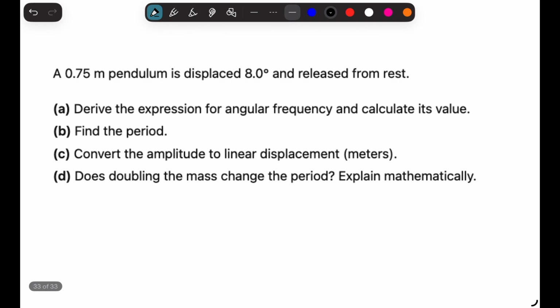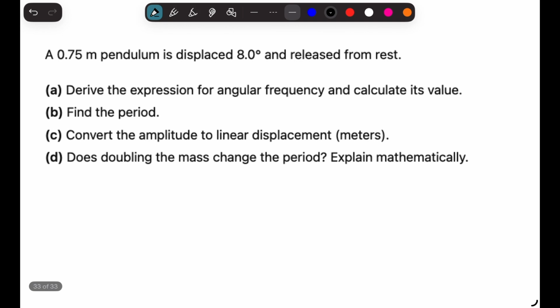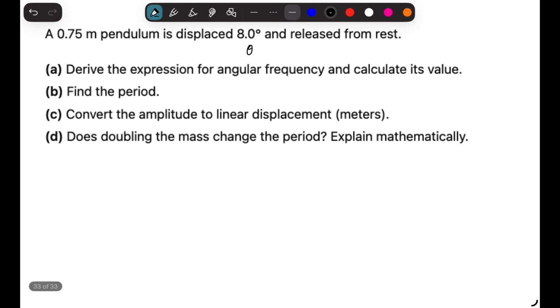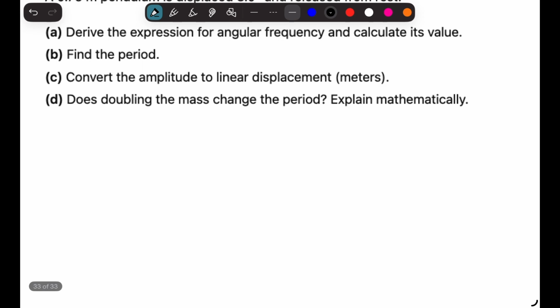Next question. A 0.75 meter pendulum is displaced 8 degrees and is released from rest. Derive the expression for the angular frequency and calculate its value. So our length is 0.75 meters. Our angle is 8 degrees. So, like we did before, we have our tangential force.